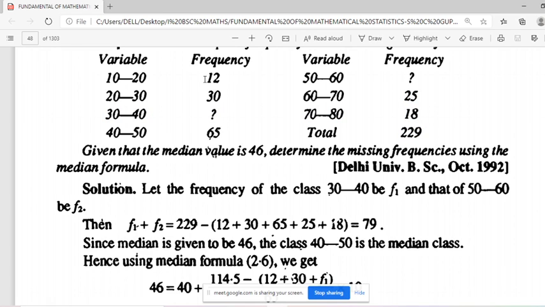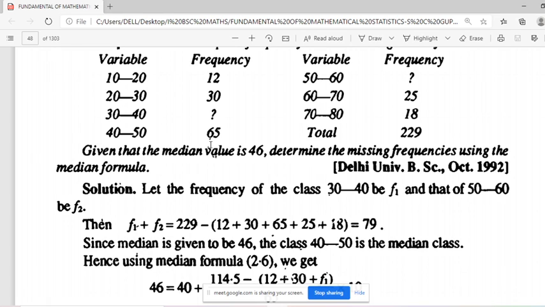At the same time, in this part you know that 12 plus 30 means 42.